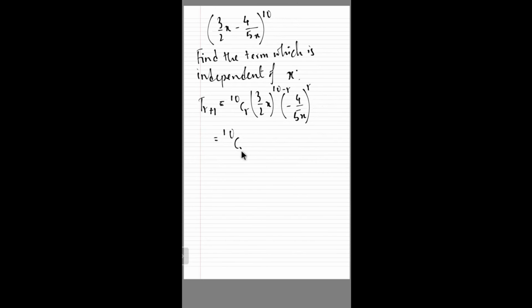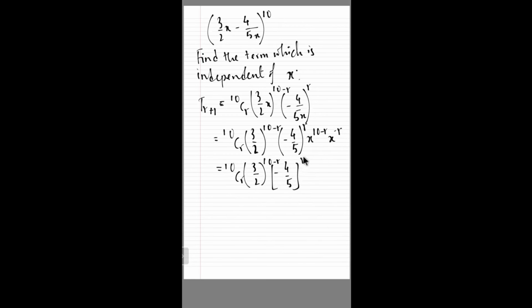It's 10 C r, 3 by 2 whole to the power 10 minus r, then minus 4 by 5 to the power r, and then x to the power 10 minus r. And here it is x to the power minus r because x is in the denominator. So ultimately we are getting 10 C r, 3 by 2 to the power 10 minus r, minus 4 by 5 to the power r, and x to the power 10 minus 2r.